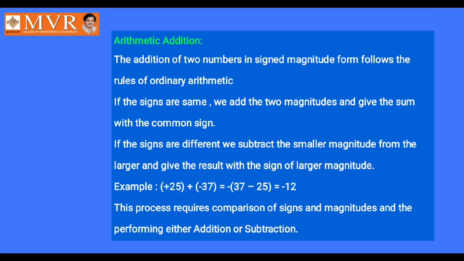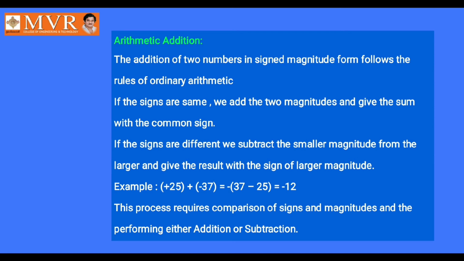If the signs are different, what we do is subtract the smaller magnitude from the larger and give the result with the sign of the larger magnitude. In the given example here, plus 25 minus 37, two values, we are going to perform addition between two different signs. 25's sign is plus, 37's sign is minus.